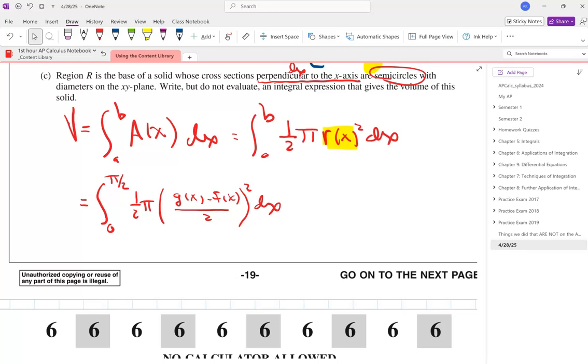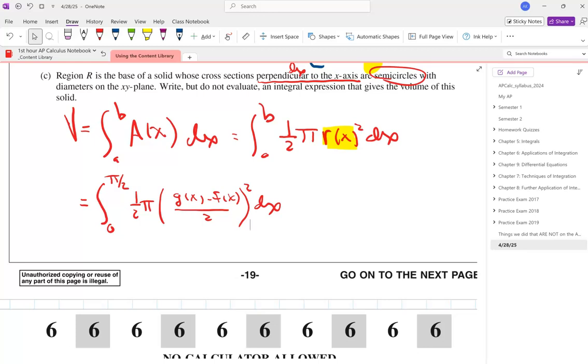How do you guys feel on that? These volume problems? We did a lot of practice here. We did a whole test basically just on doing these kinds of volume problems. My suggestion to you as you go: discs and washers is all you need to review, and then this non-rotational volume situation, but they are all the same.